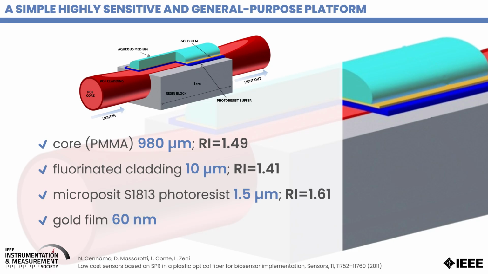Subsequently, a photoresist buffer layer is deposited via spin coating and finally, a 60 nanometer thick gold nanofilm is deposited by a sputter coater machine. The latter metal deposition is useful to excite the SPR phenomenon.